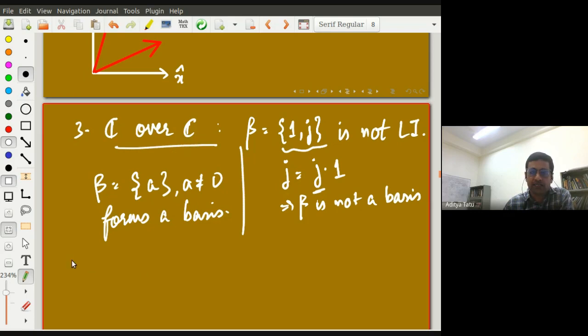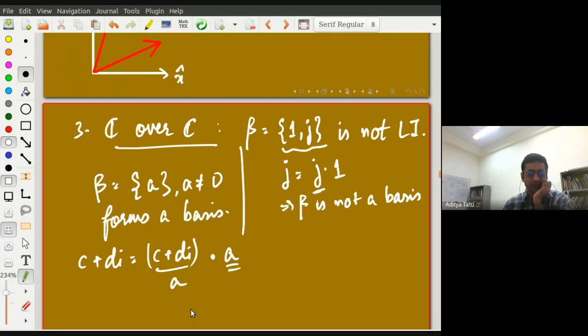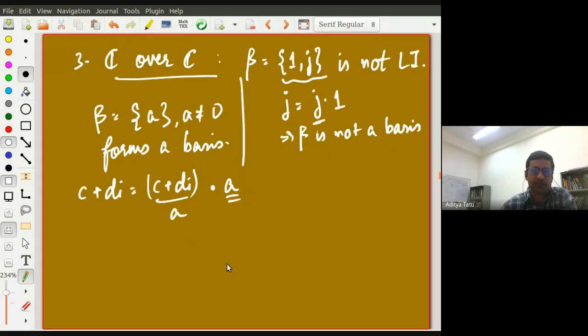So any complex number, let me use a general notation, c plus di, is nothing but (c plus di) divided by a, times a. This is just a scalar multiplication with the chosen vector a. Therefore, this forms a basis.